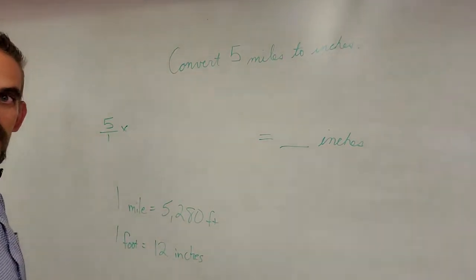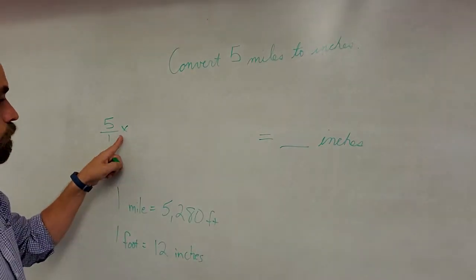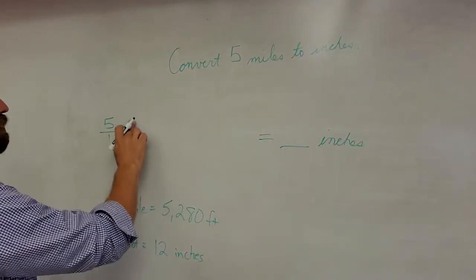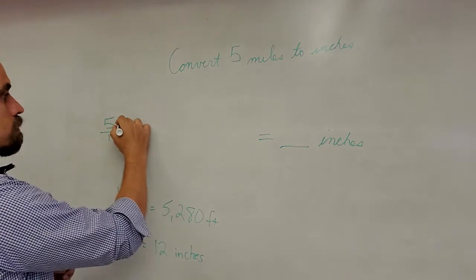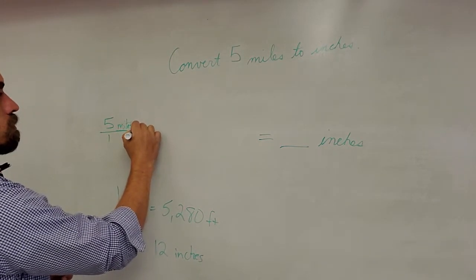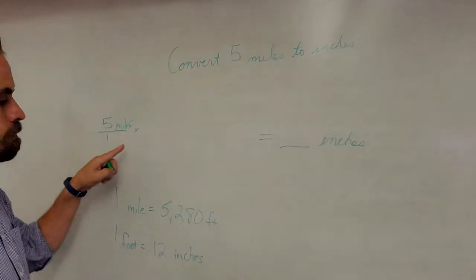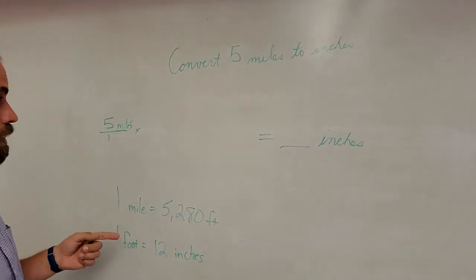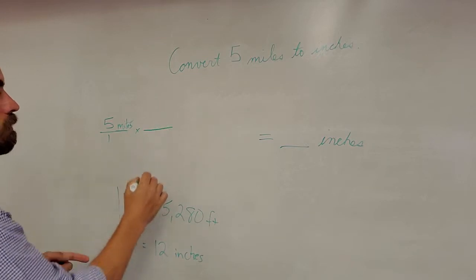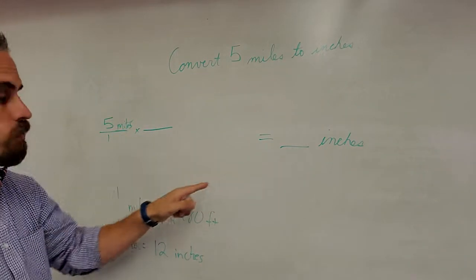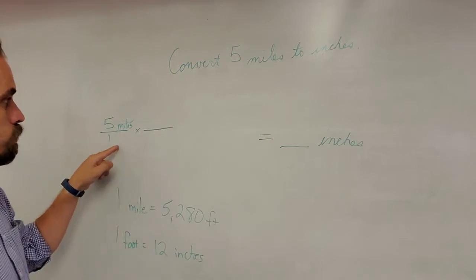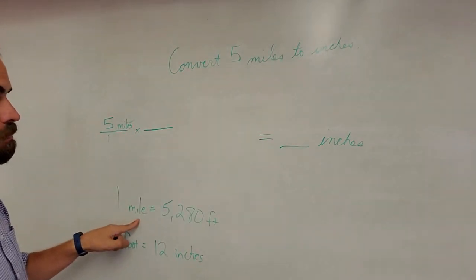I'm going to give myself more space. Am I still in the camera? Yes, I am. Okay, so first, this is 5 miles. Make sure you put your labels. You're going to multiply it by a conversion factor, remember? Since we can't go miles to inches, we're first going to do the one that goes in between. We can do miles to feet.